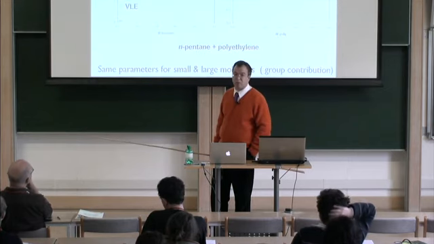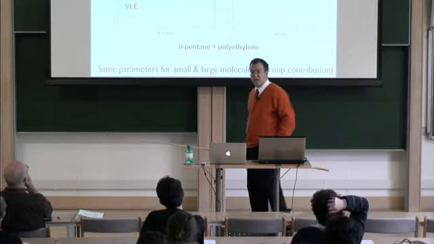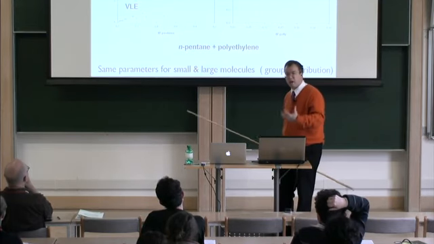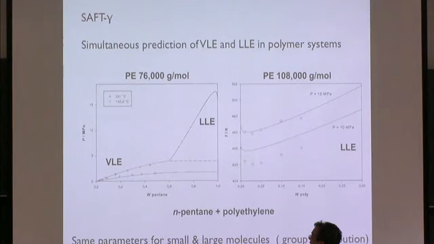Probably the power of the equation of state versus simpler van der Waals types of equations of state is that it can be expressed in a group contribution form. Each of these spheres can be, for example, in a polyethylene molecule, a CH2 group.